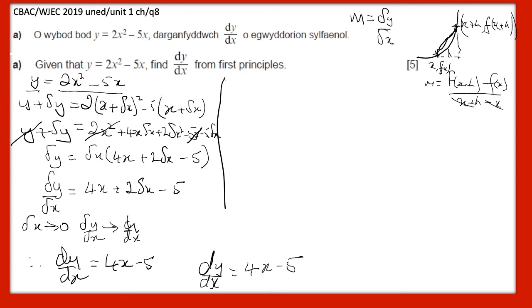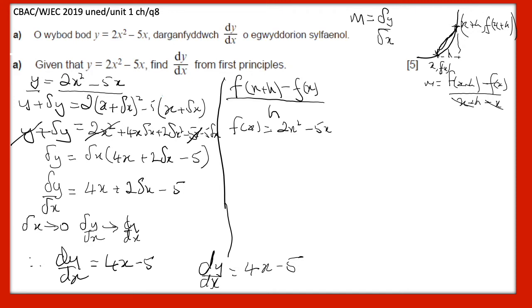If I wanted to use the other version, which is the common one, f of x plus h minus f of x, all over h. Not sure why that line suddenly disappeared. I really should state first of all that f of x is equal to 2x squared minus 5x.